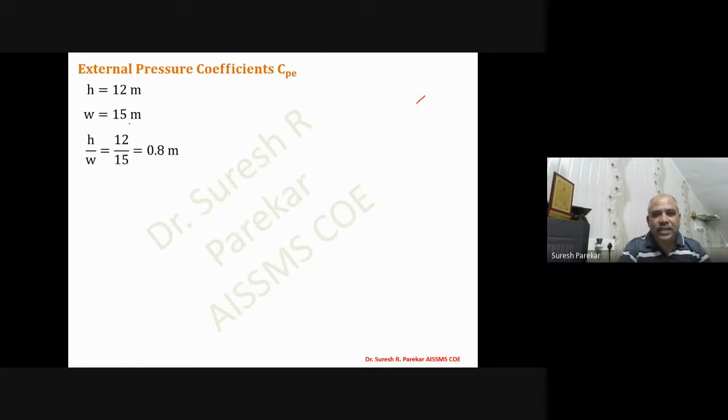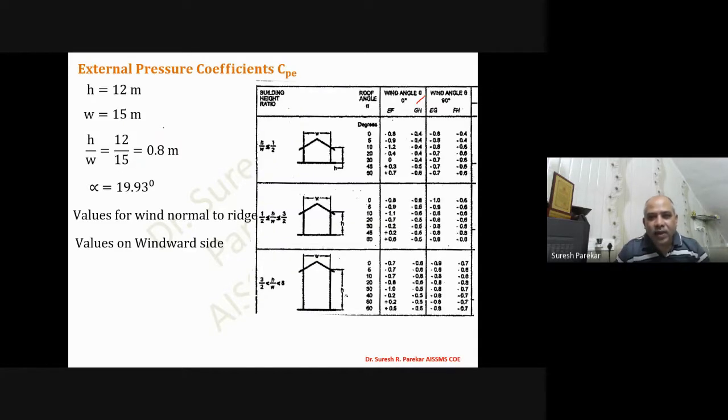You can see this, we have this value as 0.8. Then for alpha 19.93 and values on the windward side, we have taken this as 10 meter there, so it will come as 2 by 3, that is 0.67.